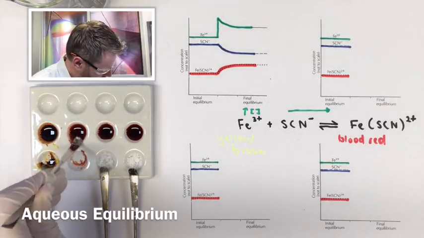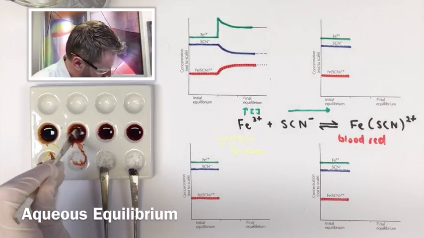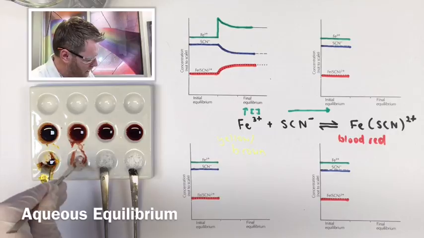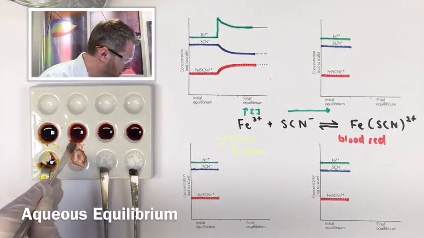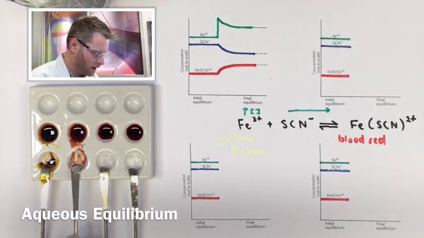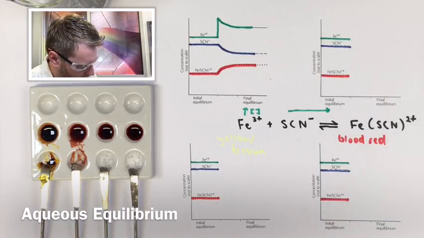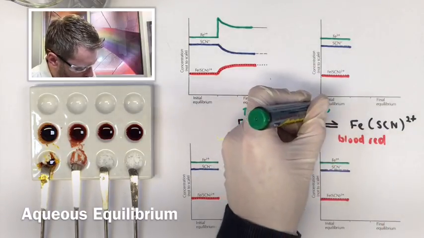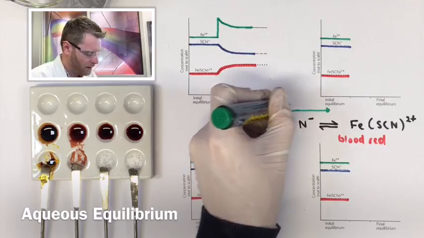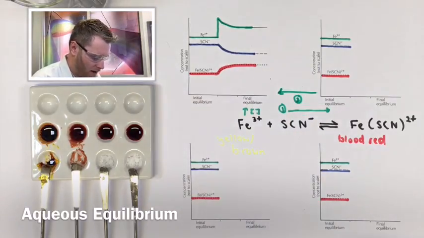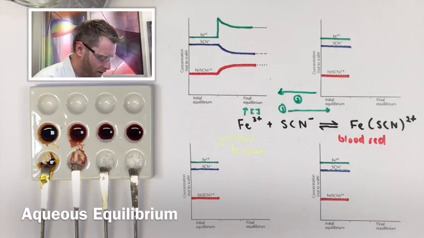And we'll find this time it's not quite shifting all the way back, but the intensity of that red has diminished. So in this one, we're shifting the position of equilibrium, it appears, more towards the yellow-brown side and away from the blood red side.